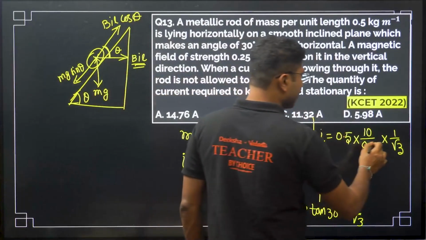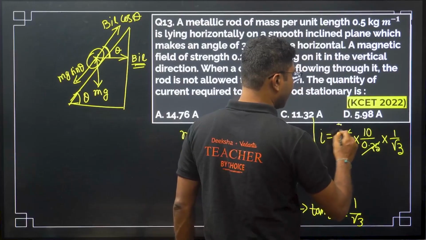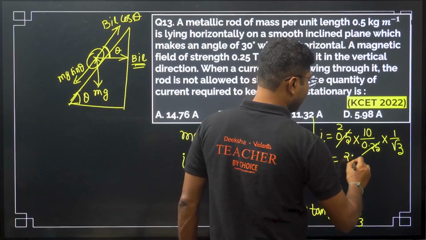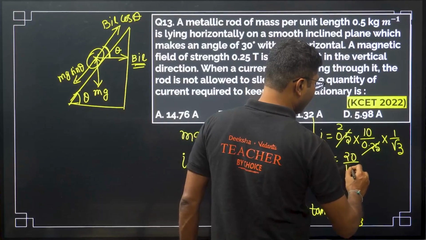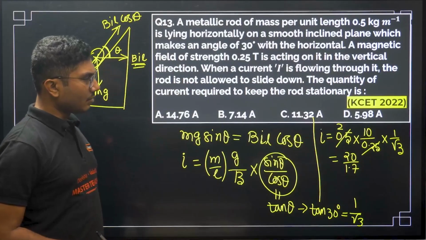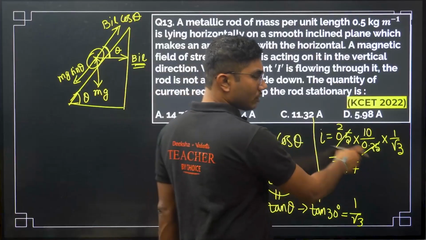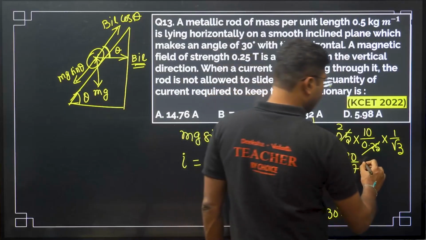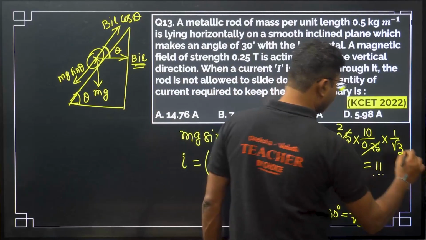Now simplify this. 0.25 and 0.5 give 2, so 20 by root 3. Root 3 means 1.7. If this value were close to 2, you could take 10, but it is not 10, it will be 11 point something.